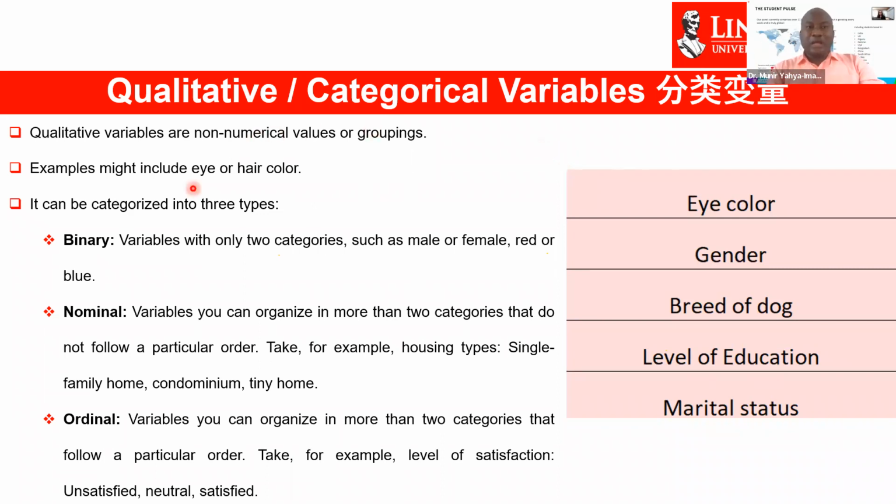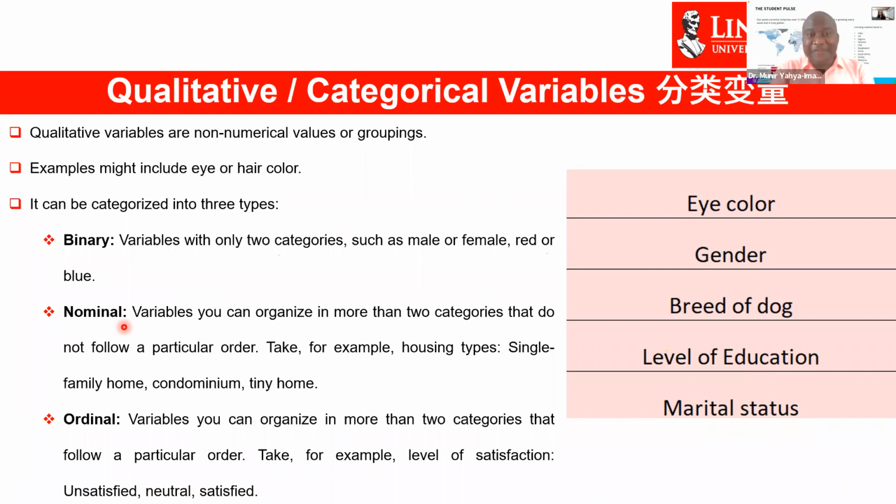Now, this can also be categorized as nominal. Nominal variables are variables you can organize in more than two categories that do not follow a particular order. Take, for example, housing types. We have single family home, we have condominium, we have tiny home, and so many others. So these are examples of nominal variables. Then we have ordinal variables.